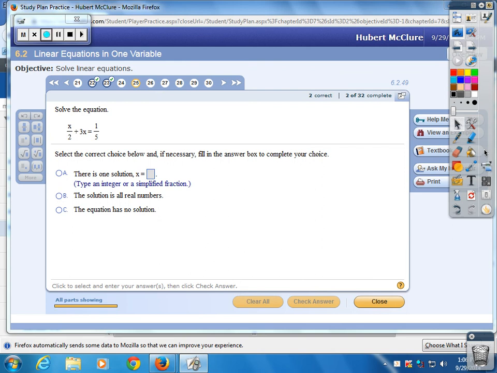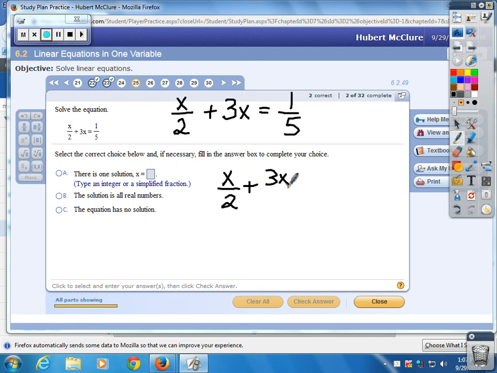It says x over 2 plus 3 over x is equal to 1 over 5. And if you get confused, make everything a fraction. X over 2 plus 3x over 1 is equal to 1 over 5.